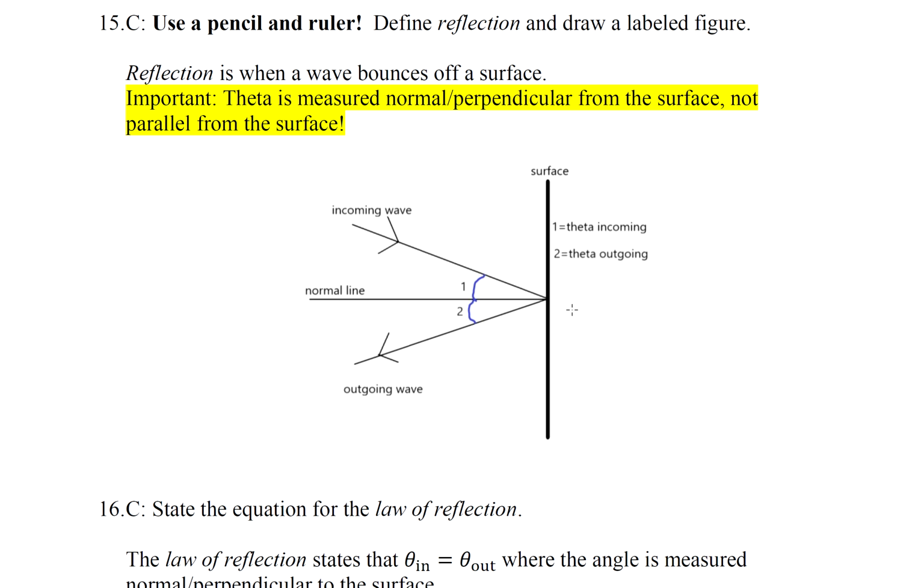And where you see this number 1, that's theta 1, and where you see this number 2, that's theta 2. So we have an incoming wave that hits the surface, and then there's an outgoing wave, where 1 and 2 is theta in and theta out. So I define reflection as when a wave bounces off a surface, and I draw a labeled figure.